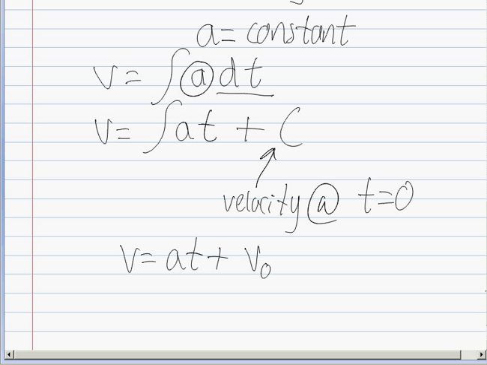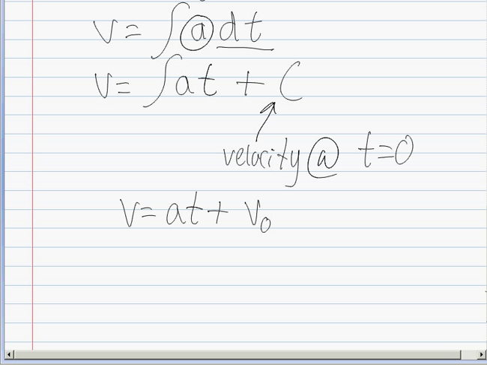And since position is the time derivative of velocity, that means that velocity is a time integral, or, wow, I'm having trouble here. If velocity is the derivative with respect to time of position, then the opposite stands to reason that whatever the velocity is, the integral with respect to time is going to give us the position.